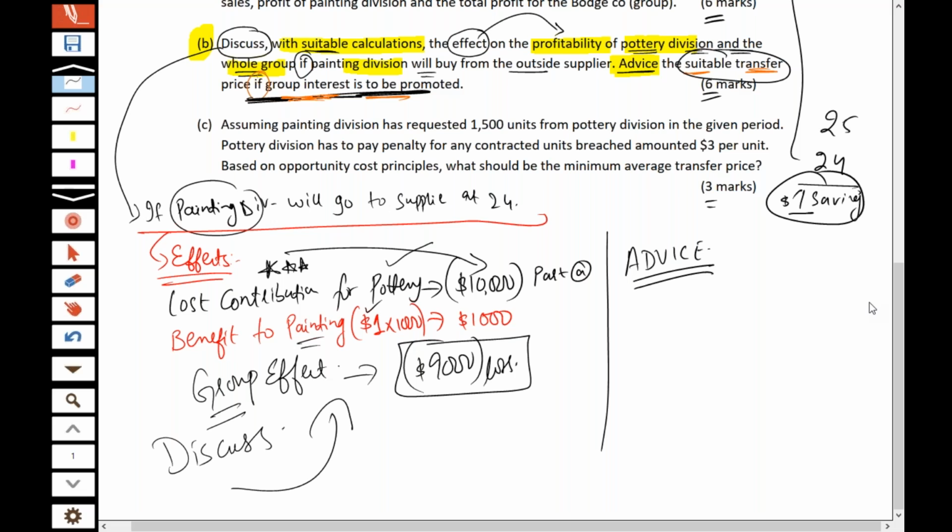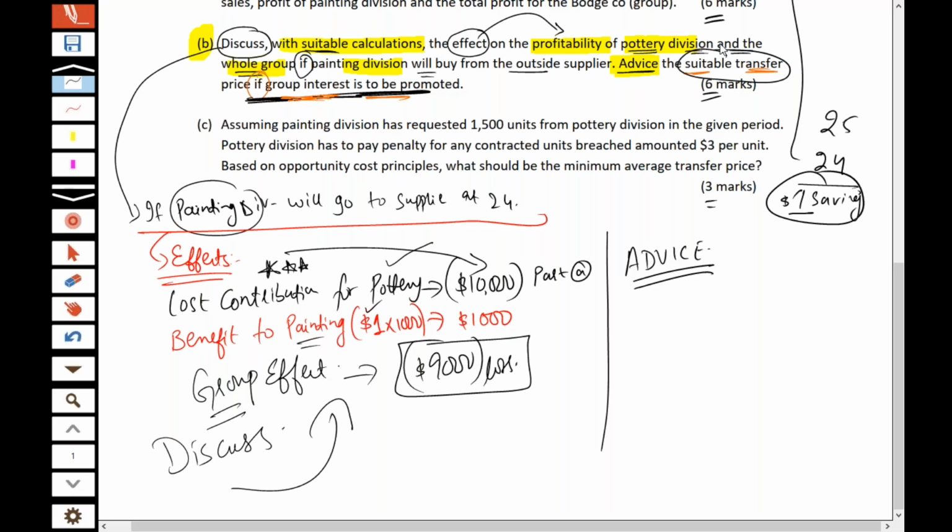It needs to be changed, because if the transfer price is not changed, the painting division will go out. To facilitate a win-win situation, a suitable transfer price should be set.